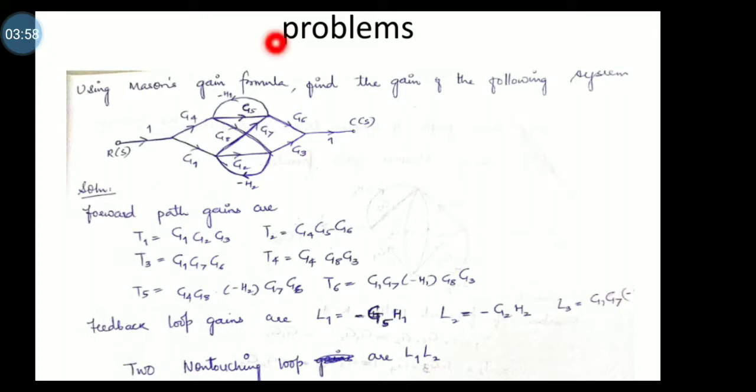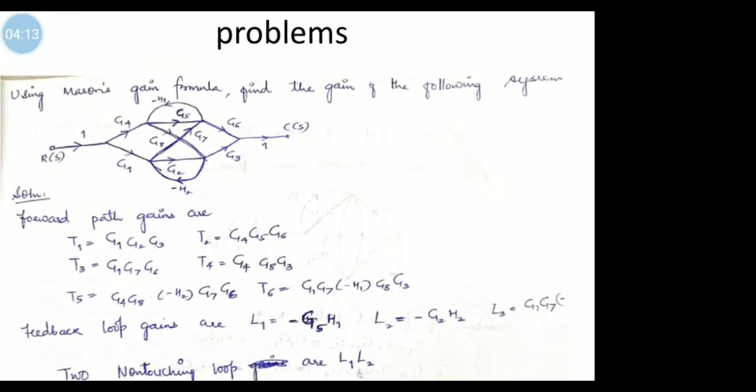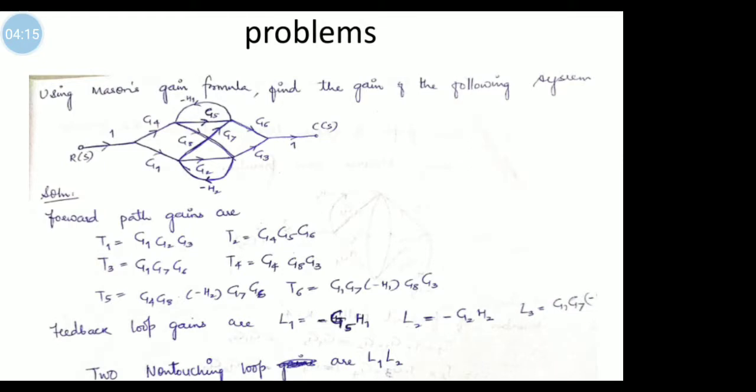Next, loop L2 is minus G2, H2. Next, one more loop is taken: G3, G7.